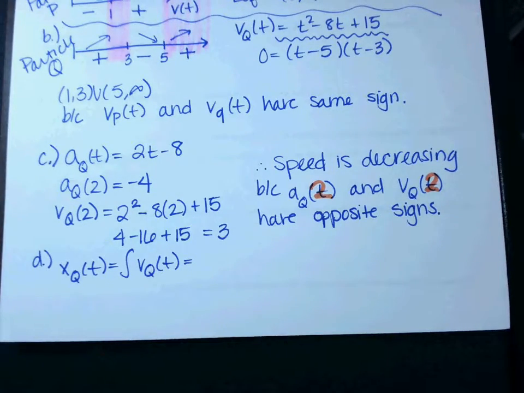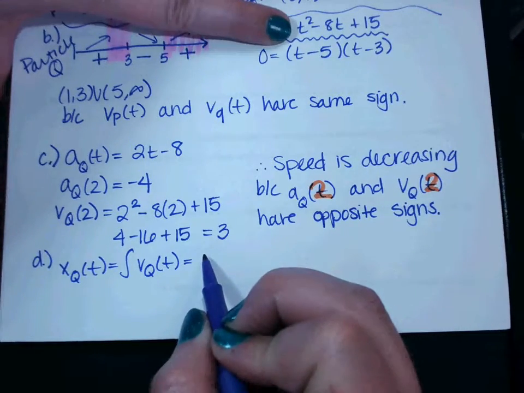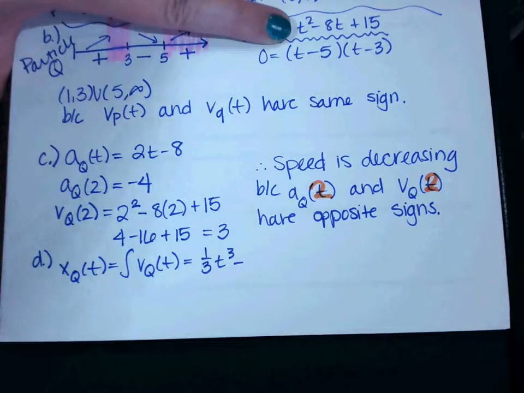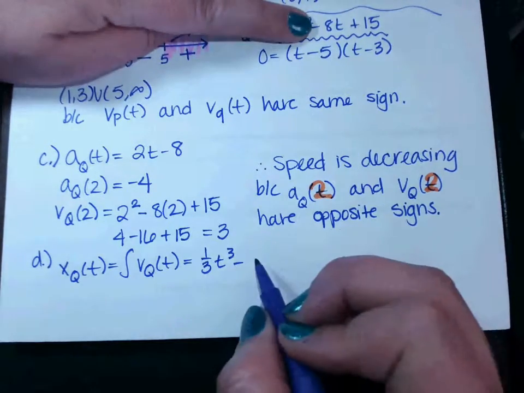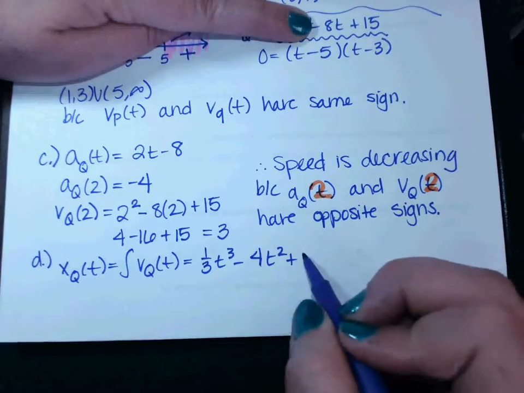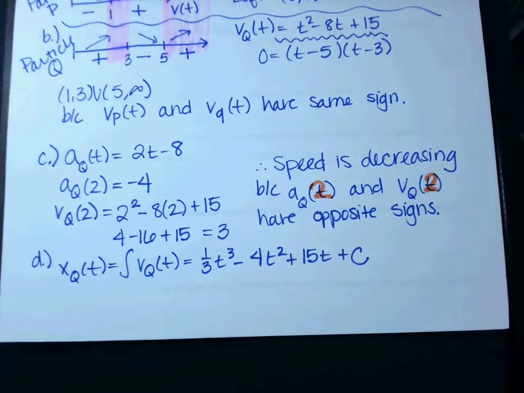The first term was a t squared. What's the antiderivative of that? 1/3 t cubed minus. Next term, we're on the 8t. Antiderivative of 8t is what? 4t squared plus antiderivative of 15 is? Plus C. You have to be able to find C. What did they tell you?